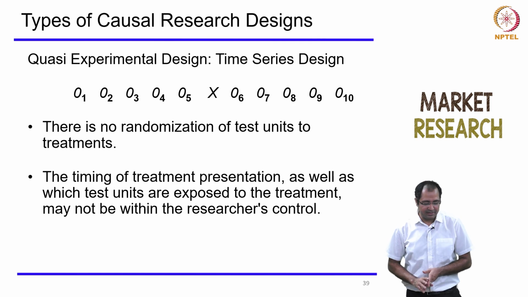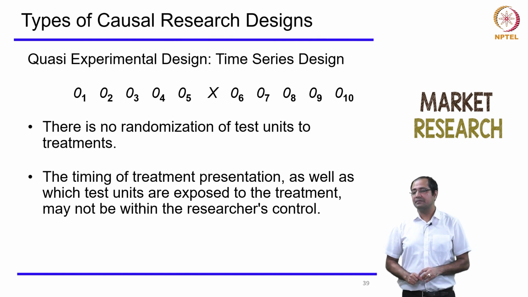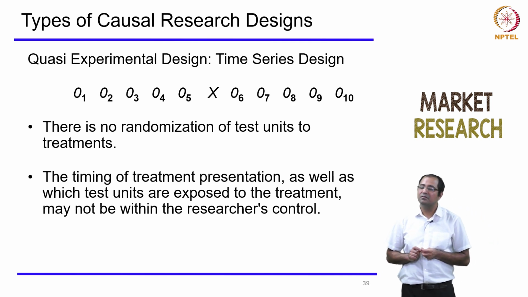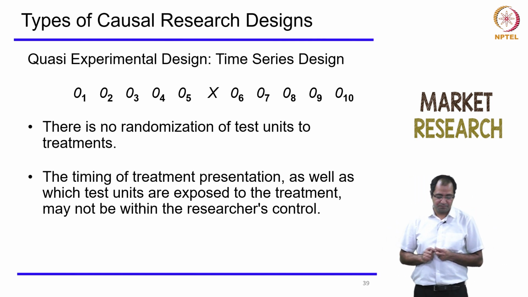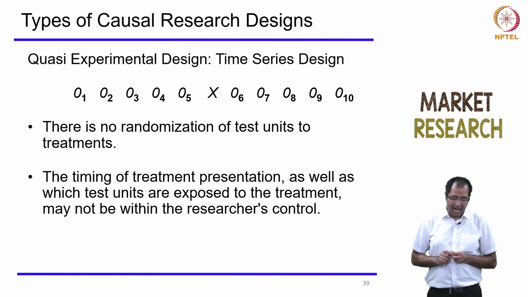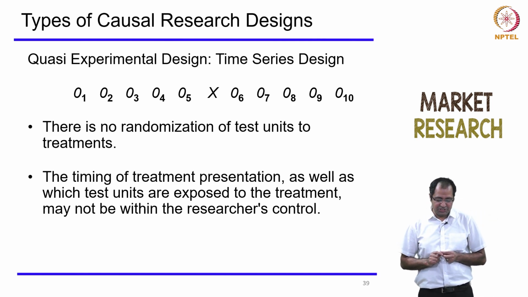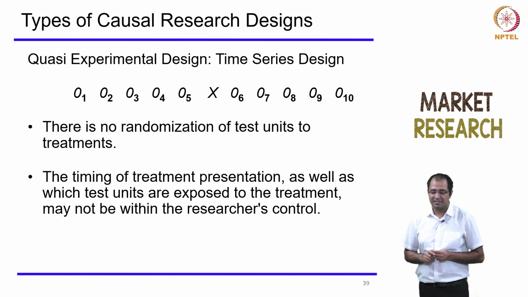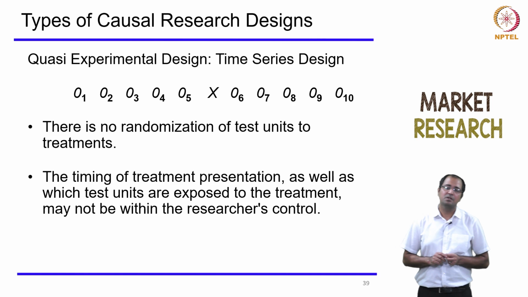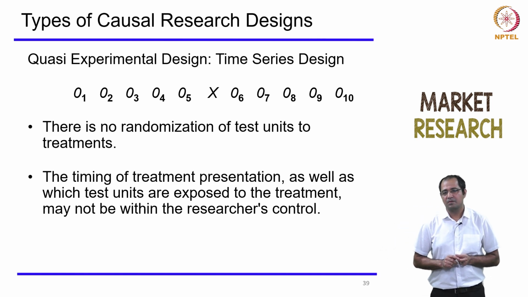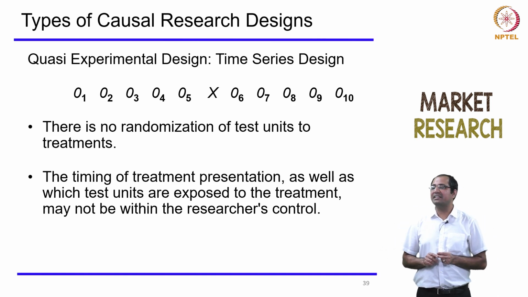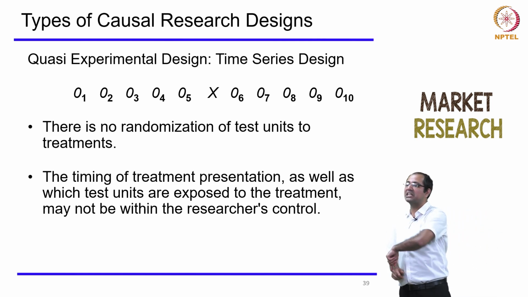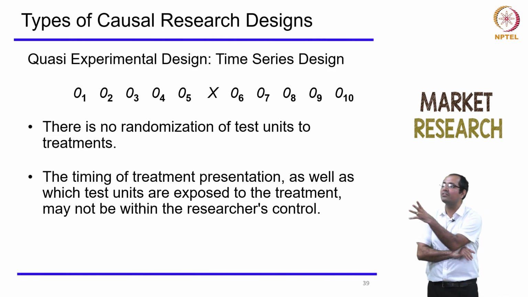What is a quasi-experiment now? In a quasi-experiment, there is no randomization of test units. The timing of the treatment presentation, as well as which test units are exposed to the treatment, may not be within the researcher's control. At what time you will give the treatment, and which test units will be exposed to the treatment at that time, is not within your control.